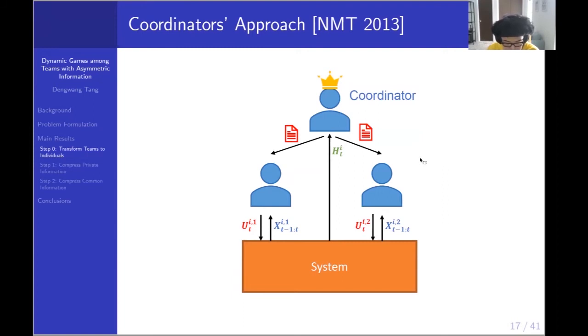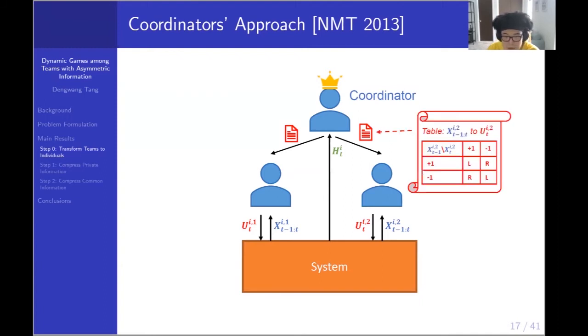The coordinator, instead of taking actions herself, assigns what we call prescriptions to the agents on how they should map their private information into actions. The prescription can be thought of as a full table that describes the action to take under all possible realizations of private information.